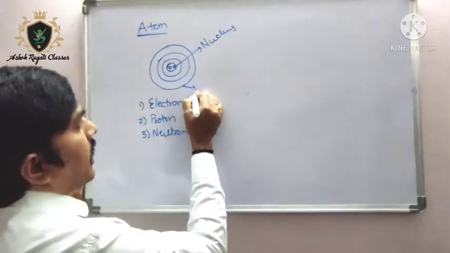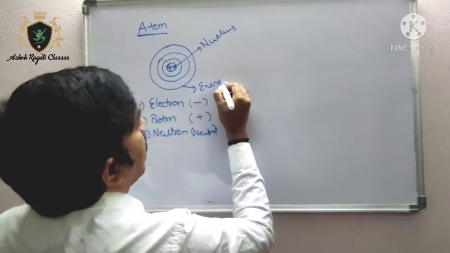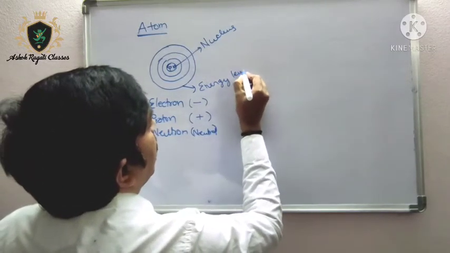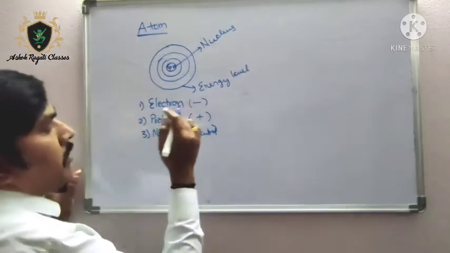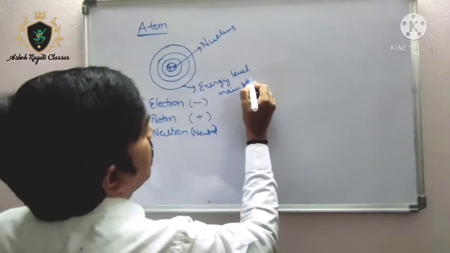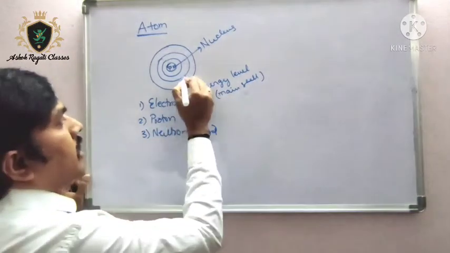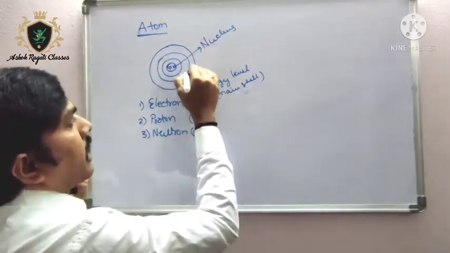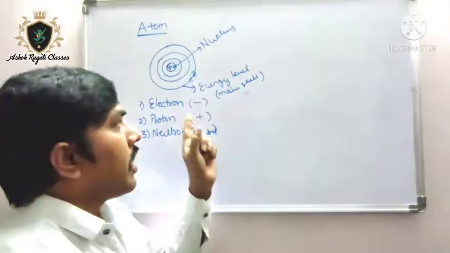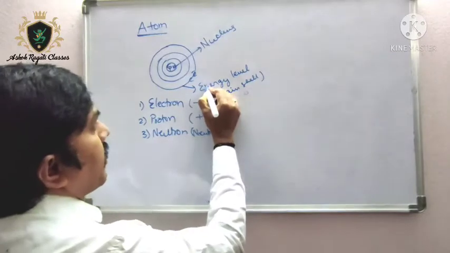These shells are called energy levels. Energy levels are main shells. These electrons will revolve around the nucleus in energy levels, or energy level index n.